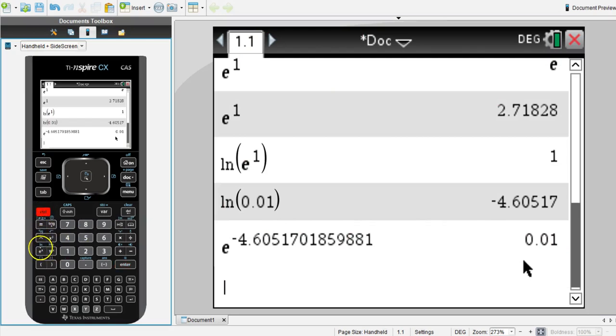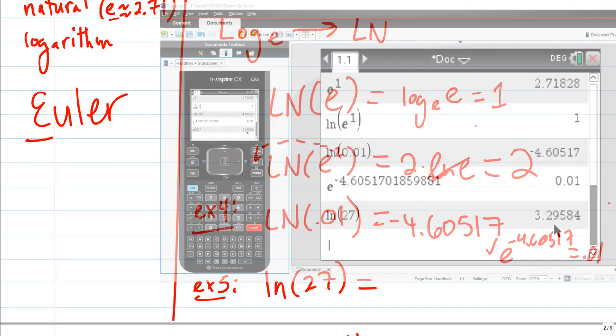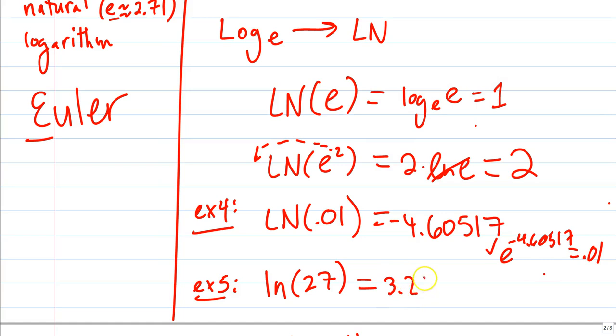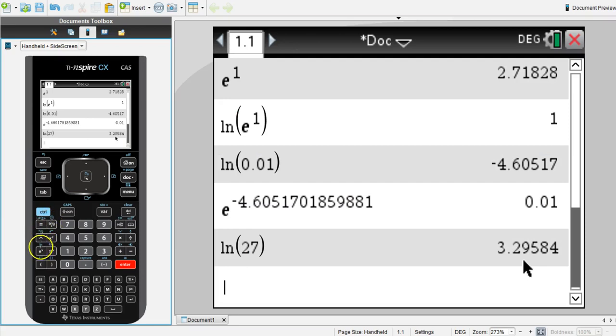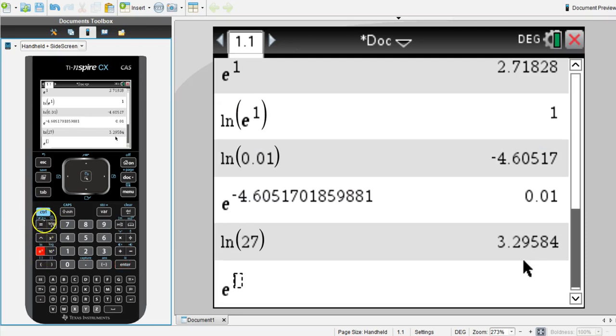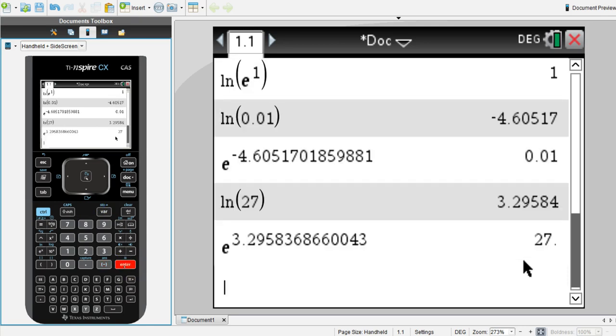I got a button for that. 3.29584. Is it right? We could check it. e to that answer should be 27.